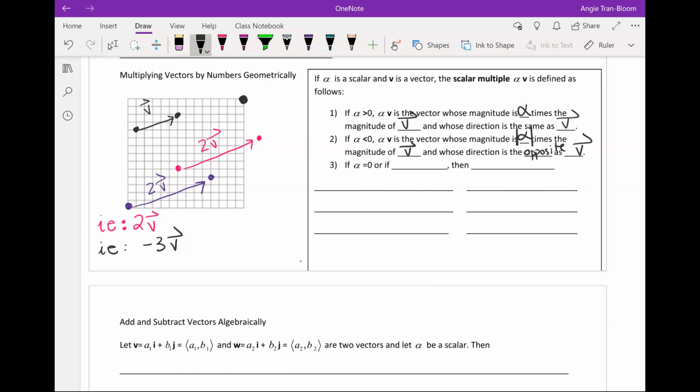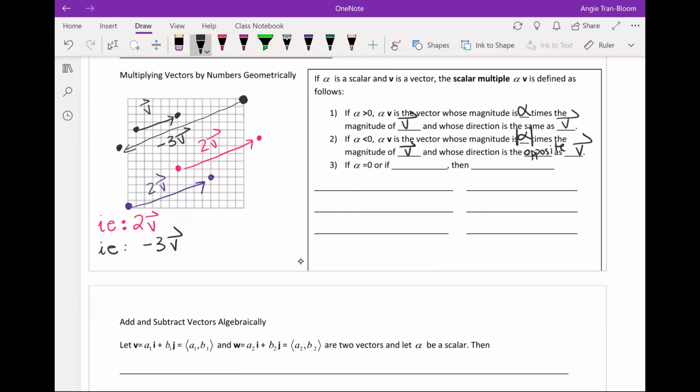And then over what direction? Left. How much? 15. 2, 4, 6. This is 14, so 15 is a little bit off the grid. This is right here: negative 3v. So negative is going in the complete opposite of your positive direction.